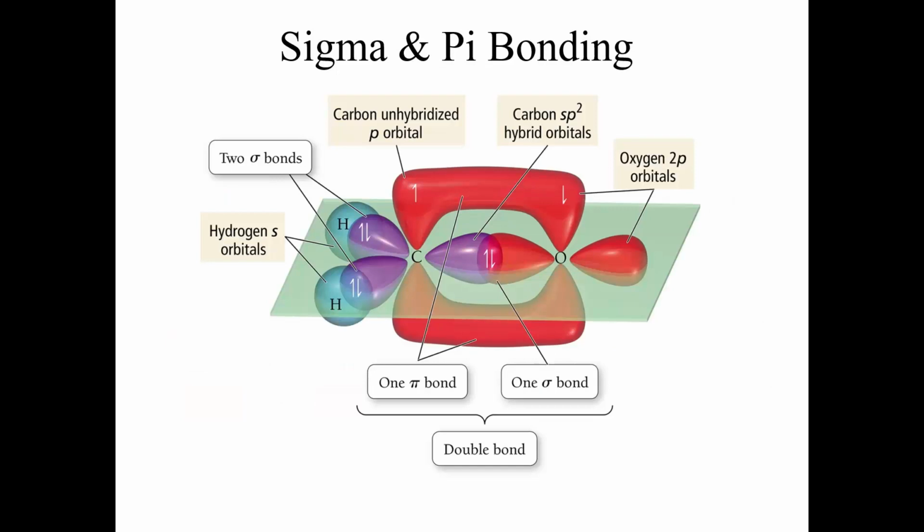This is another example here of a pi and a sigma bond. If I draw this molecule out here on the side so you can see it. All right. So this is a carbon that's bound to an oxygen.